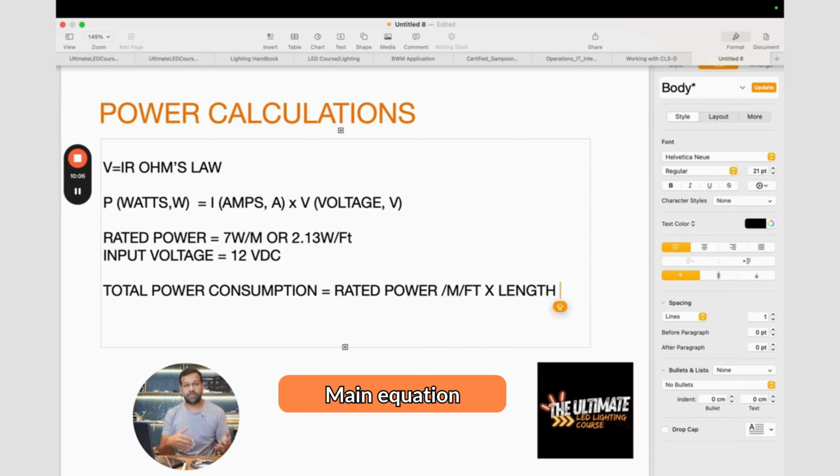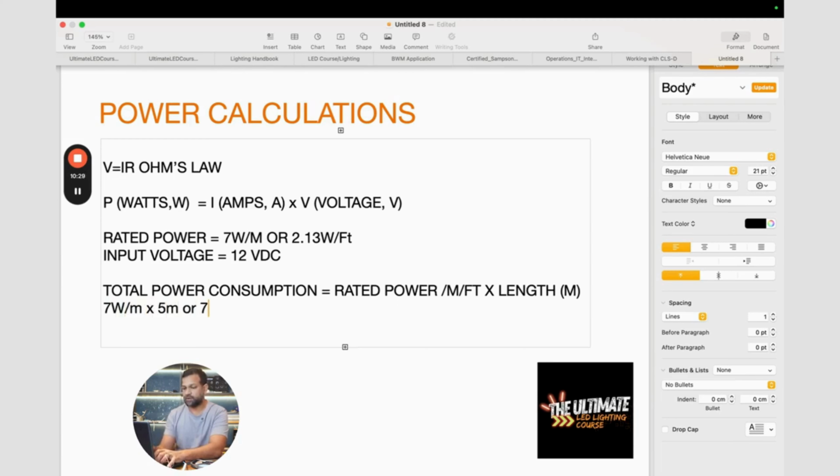Always remember to use meters with meters and feet with feet. So for 5 meters as our total length, the rated power is 7 watts per meter multiplied by 5 meters, or 2.13 watts per foot multiplied by 16.4 feet.